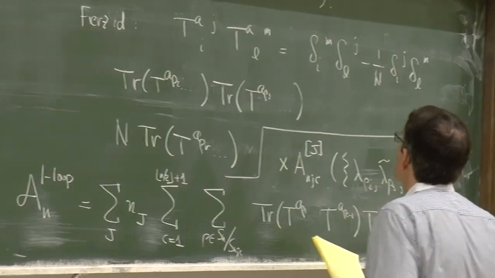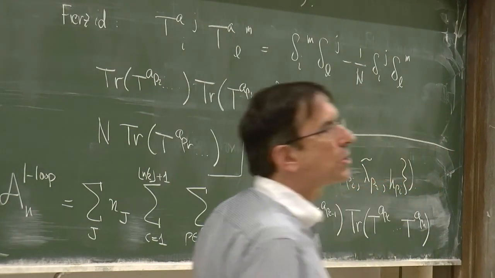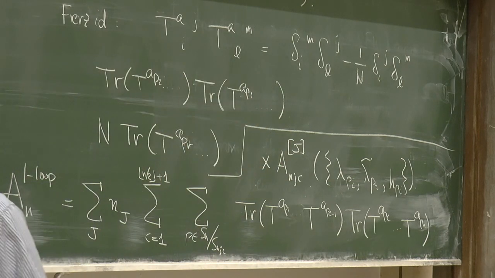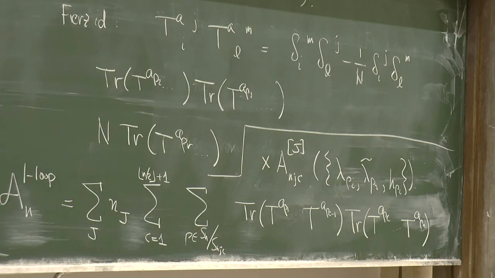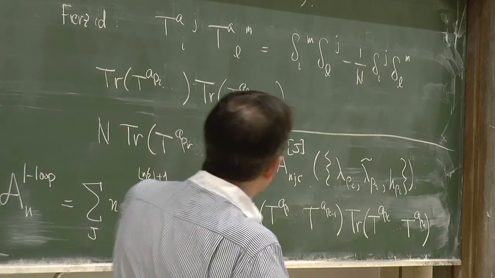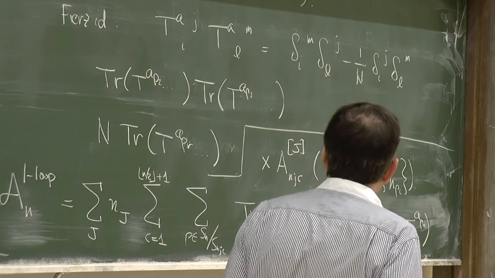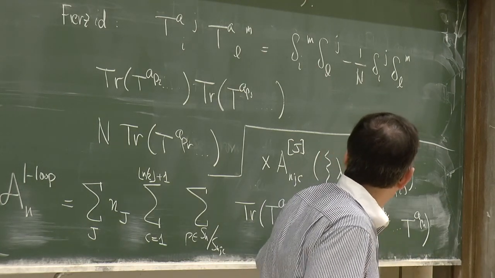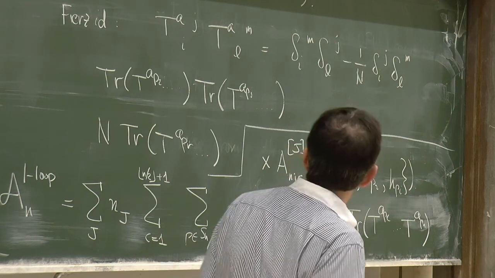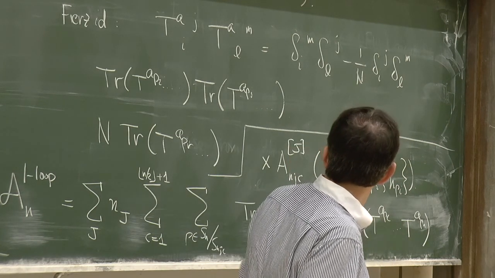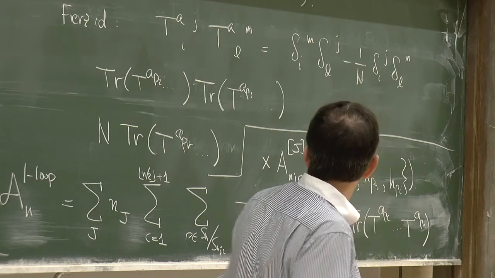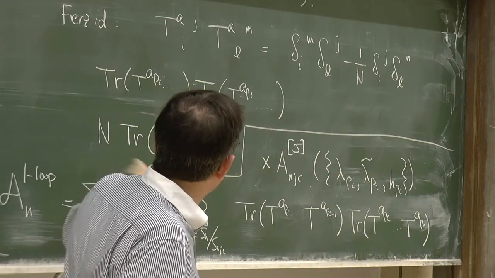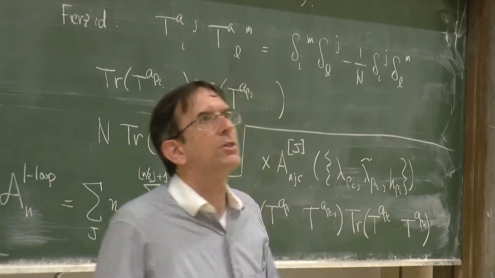And again, where it's more appropriate to write things in terms of invariants, for example, the Mandelstam invariants S or T, then you should think of those here in this formula as being functions of the spinors. I'll get to your question in just a second. Again, so the dividing point between the two traces is this index C. If C is equal to 1, then this thing just collapses to a factor N, and we have what is a single trace term. Yes?